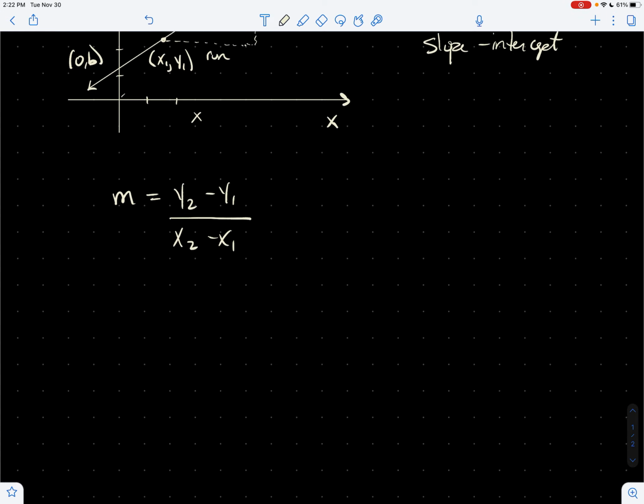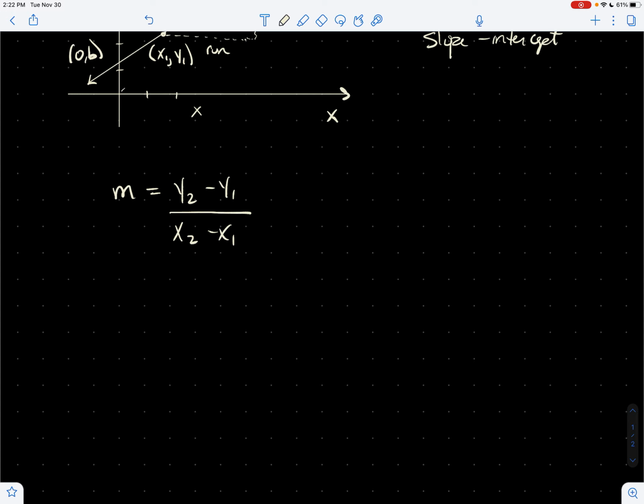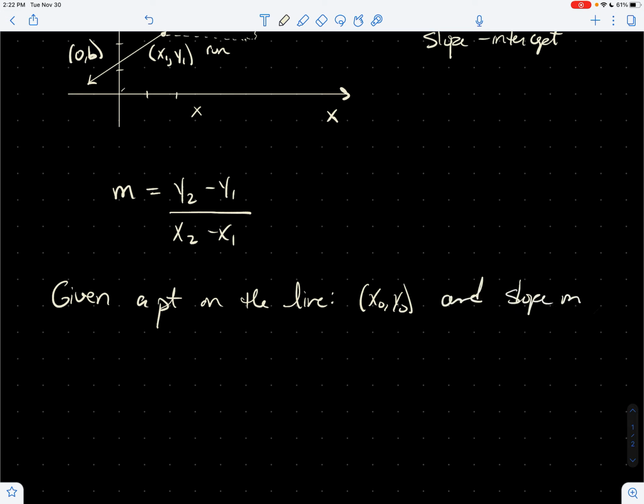I'll do an example in just a moment with you, but I want to point out one other situation to you. A lot of times you're actually given a point on the line, say it's x naught, y naught, and we're given slope m.